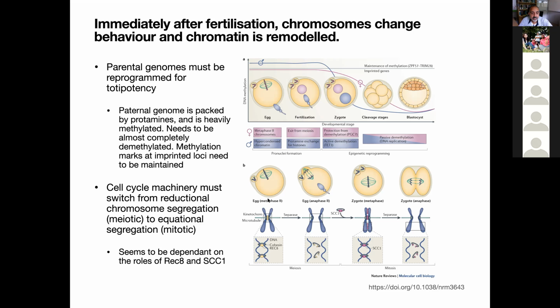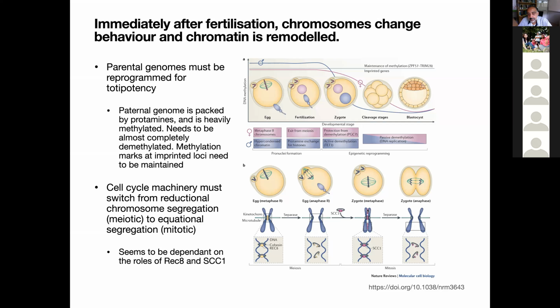Meiosis seems to depend on this complex between cohesin and REC8, which wraps around the chromatin. Upon fertilization, separase breaks the cohesin bond, destroys REC8, and REC8 is then substituted by this other protein, SCC1.